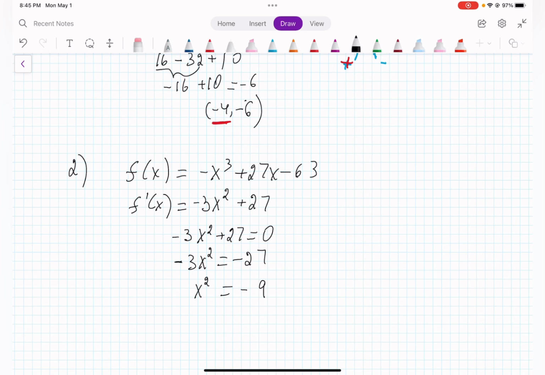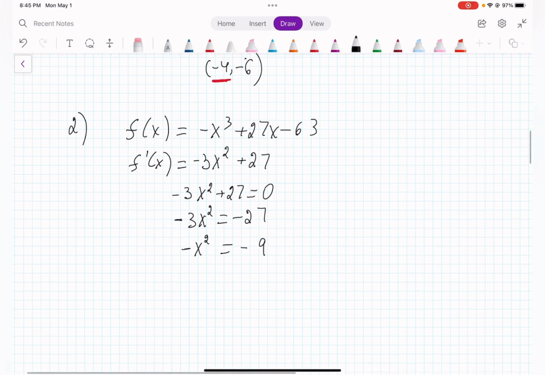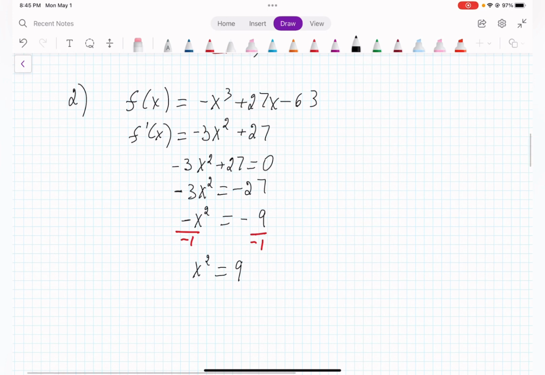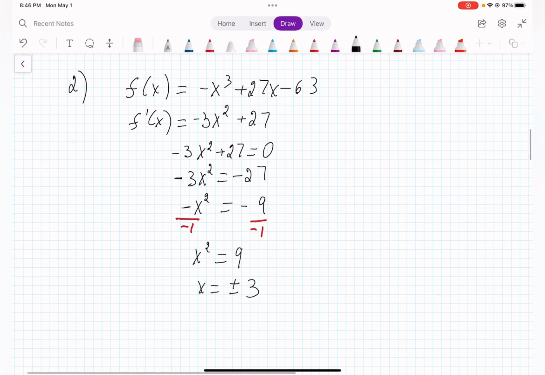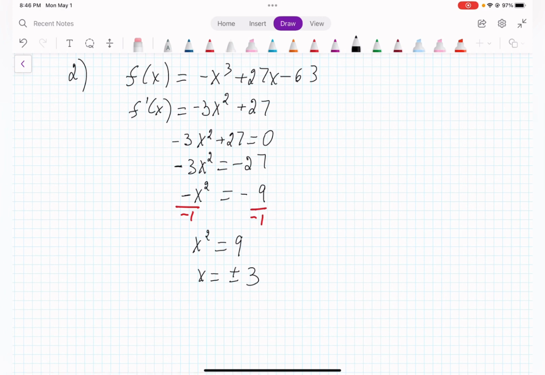So negative x squared equal -9, which means if I divide by -1 both sides, I'm getting x squared equal 9. And from here, x is equal plus minus 3. So in this case, we have two critical points, -3, +3.